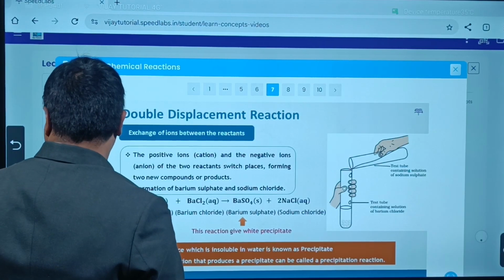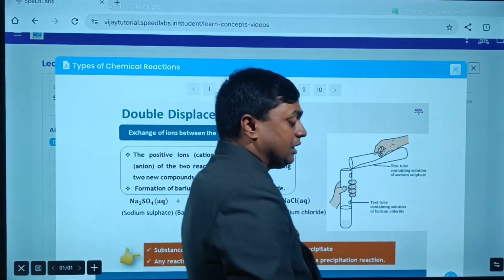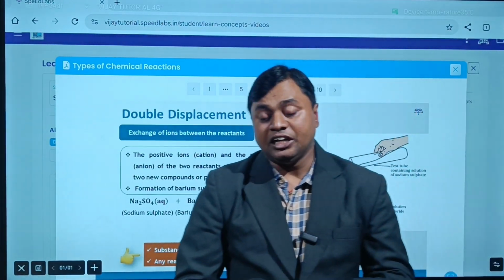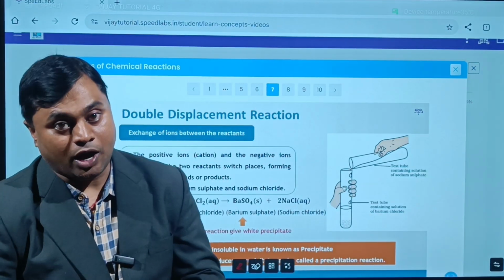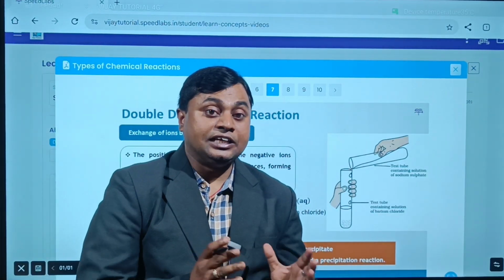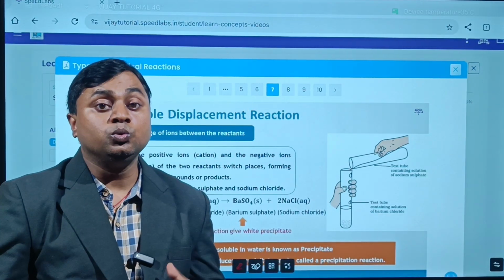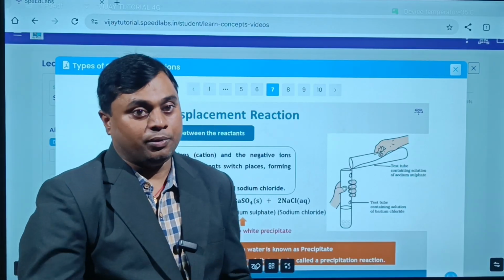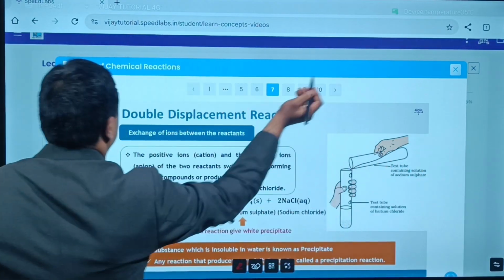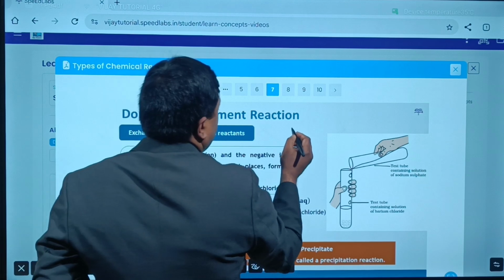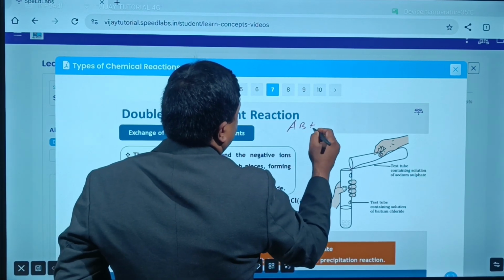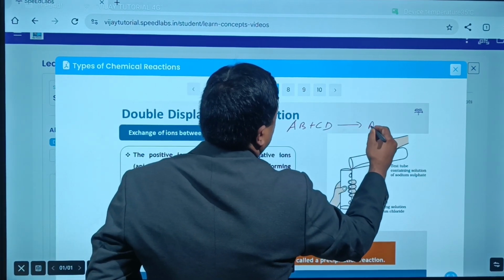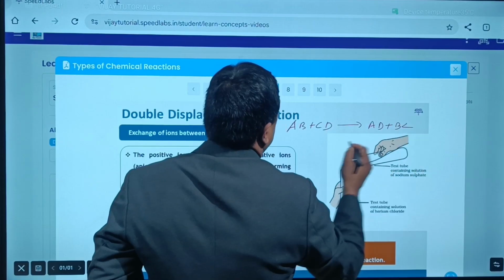Double displacement reaction, we can just note down the definition please. It is a type of chemical reaction in which mutual exchange of ions takes place. As a result of a double displacement reaction, generally two new products are formed. We can represent a double displacement reaction like this: AB plus CD gives rise to AD plus BC.